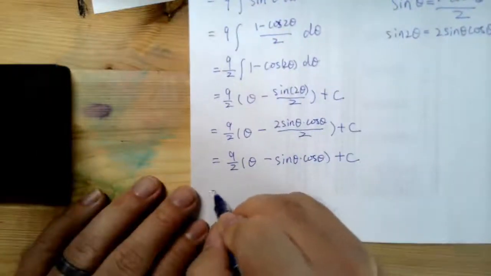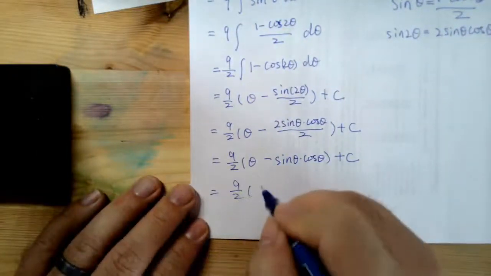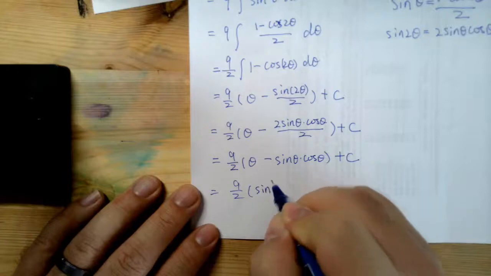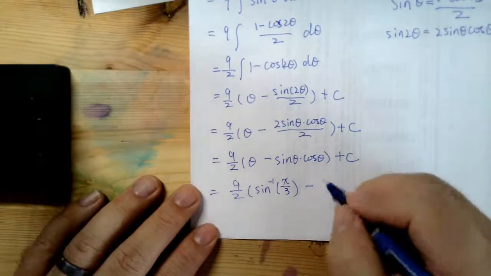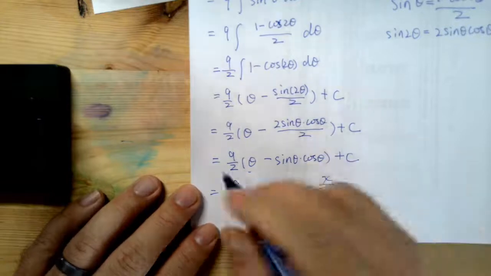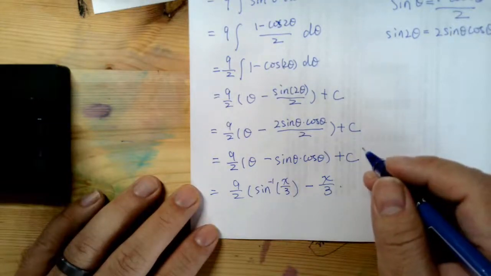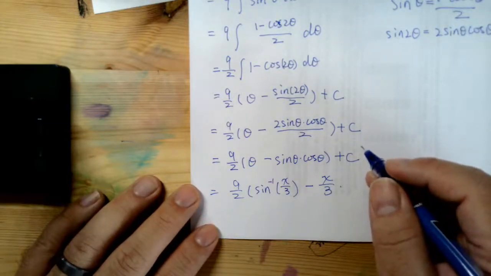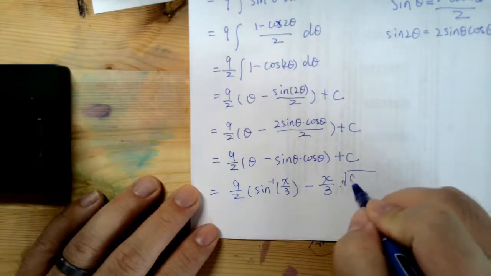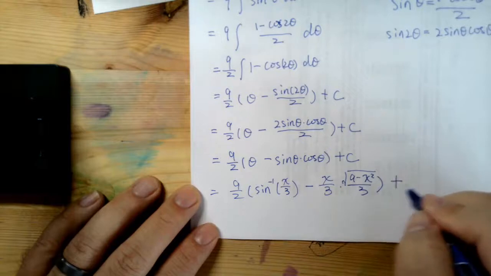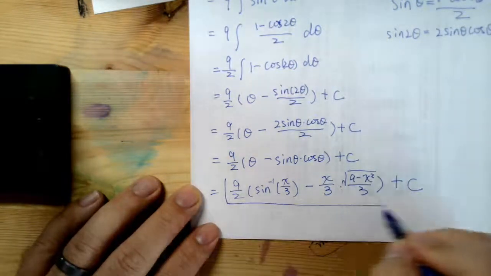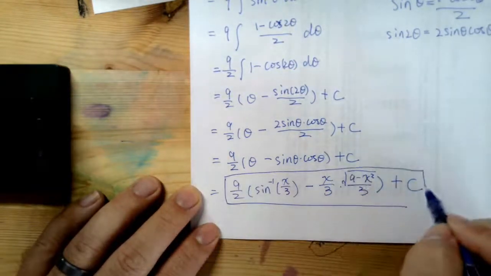So I have 9 over 2, where theta is sine inverse of x over 3, minus sine theta, which is x over 3, times cosine theta, which is the square root of 9 minus x squared over 3, and then plus the arbitrary constant c. And then we finish this problem.